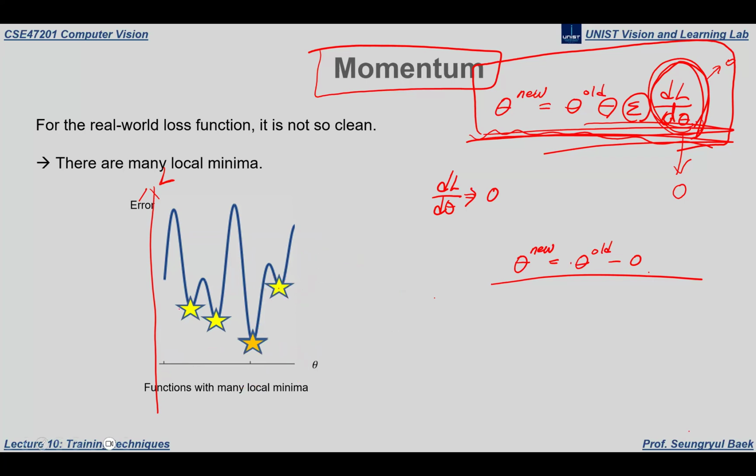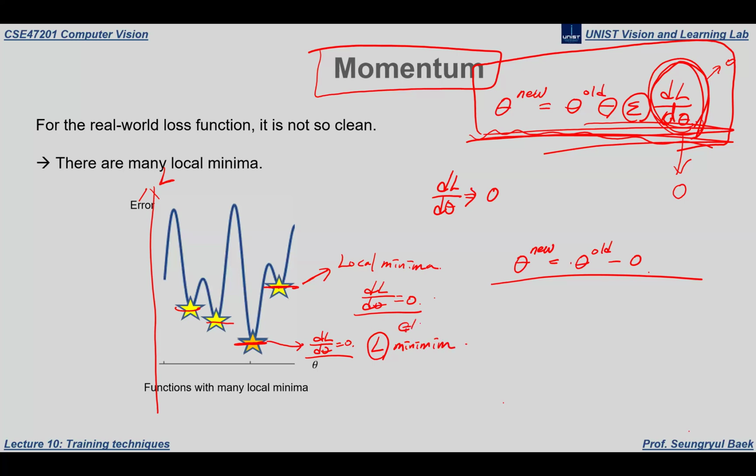And there are multiple of these, we call this type of thing local minima, where the first order gradient is zero, okay? But here also dL/dθ is zero, but actually their L value is minimum in the global sense.